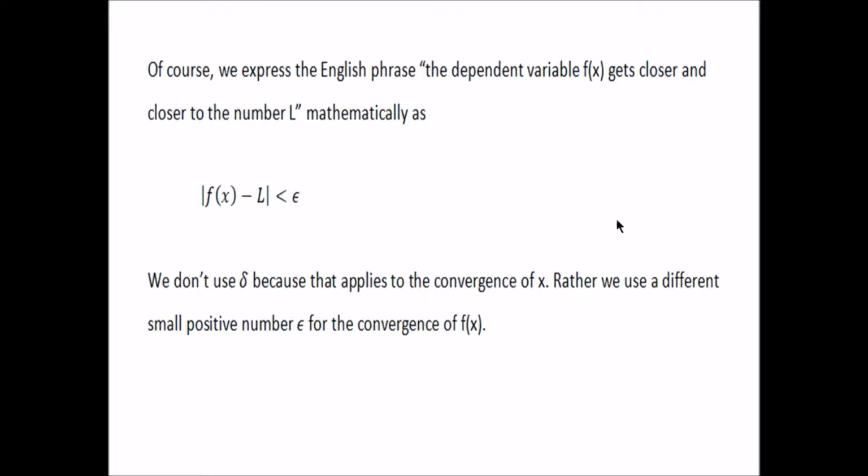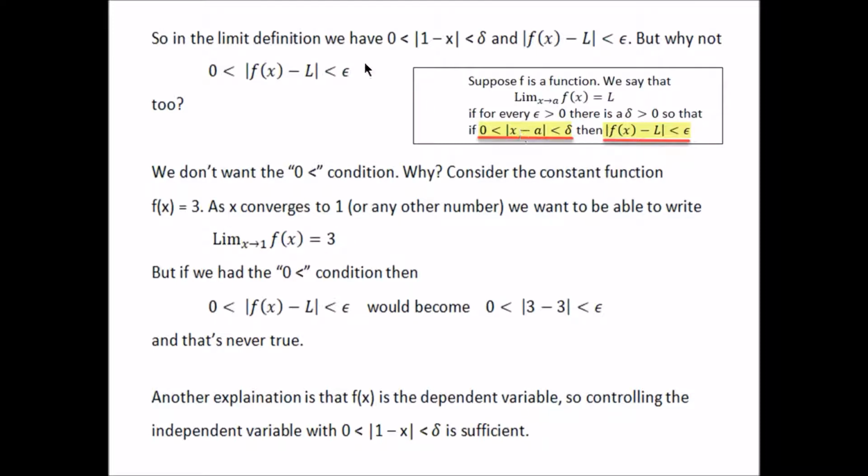But there's just one point. Maybe you're wondering, why don't we have 0 is less than for what the function's value, the dependent variable, converges to, right? In the limit definition, we have this for x, but we do not have a 0 is less than for the dependent variable. Well, we don't want that condition for the dependent variable. Why is that?